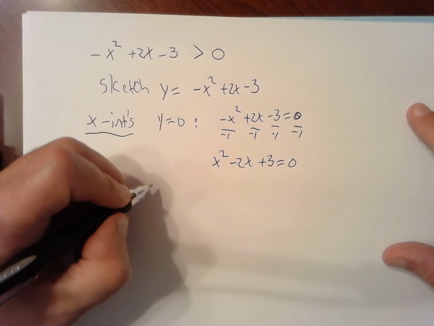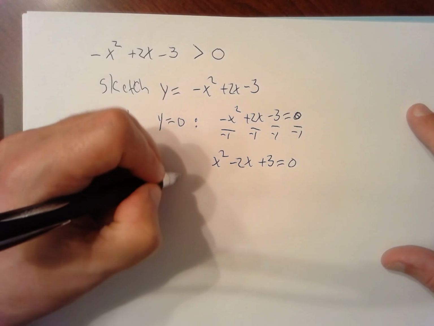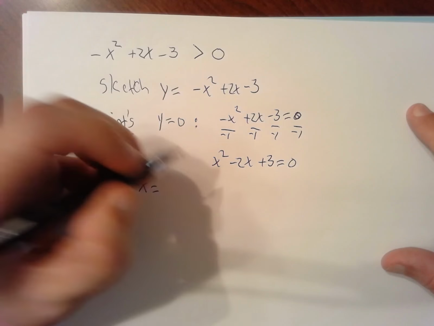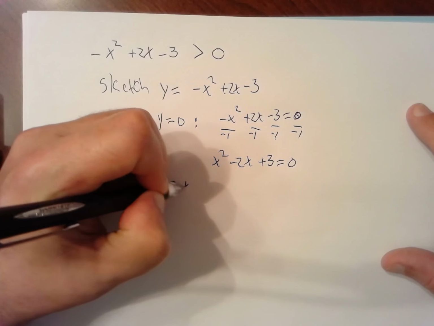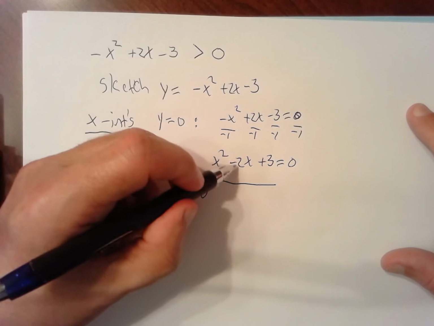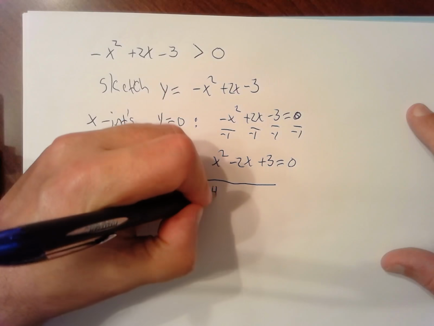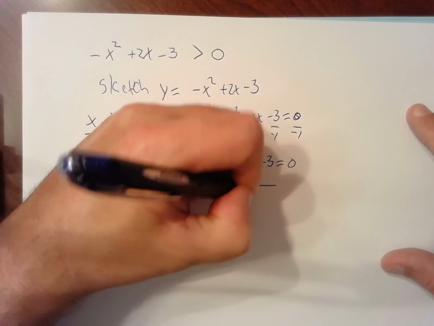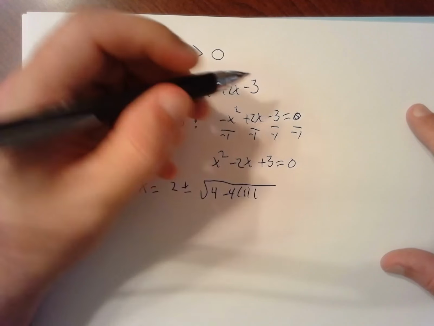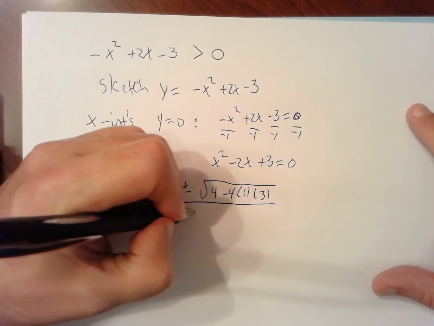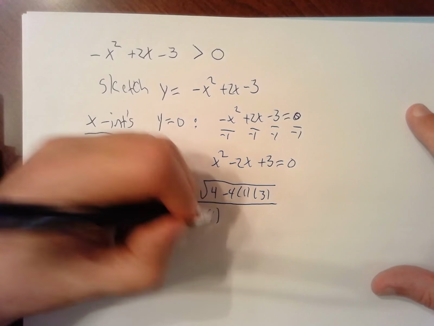So the quadratic formula would be x is the opposite of b. Opposite of -2 would be 2, plus or minus the square root of b squared. -2 squared would be 4, minus 4 times a, 1, times c, 3, all over twice a.